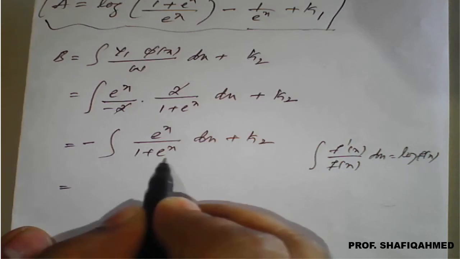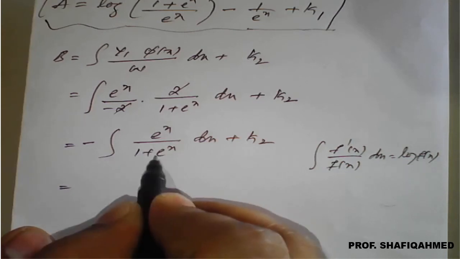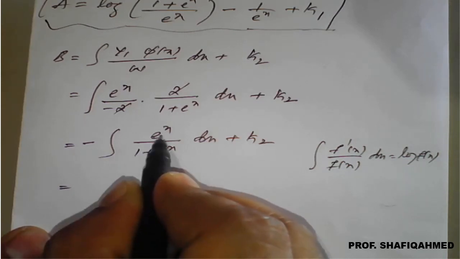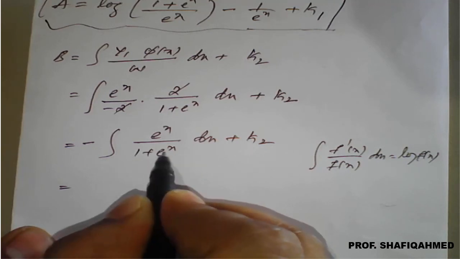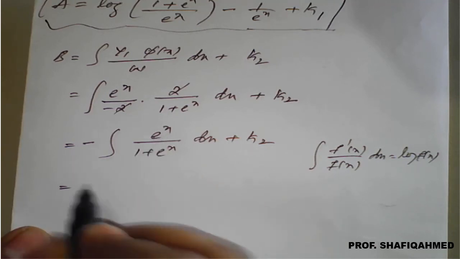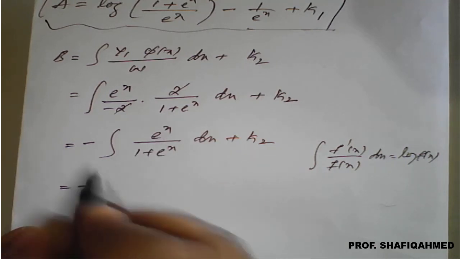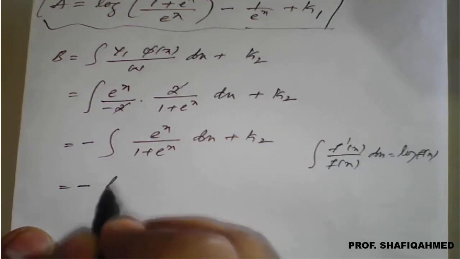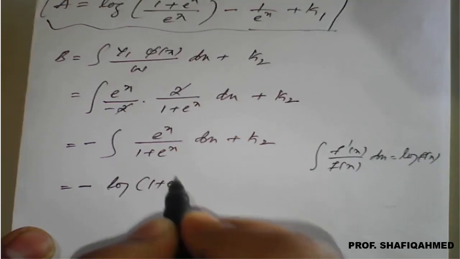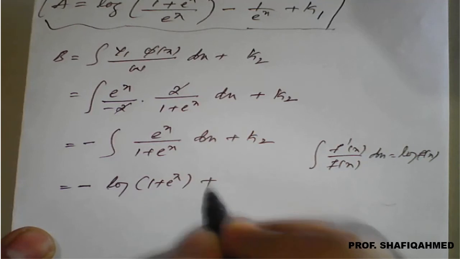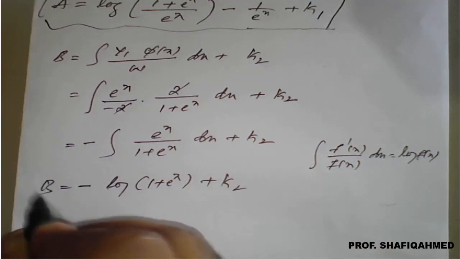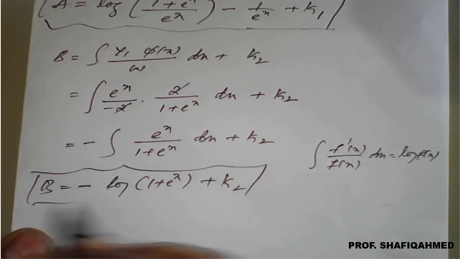So here, differentiation of 1 plus e raised to x is what here? E raised to x. Denominator differentiation is coming in the numerator, so that property you have already seen, this minus sign as it is. So I am writing minus log of 1 plus e raised to x plus k2. This is the answer of B.